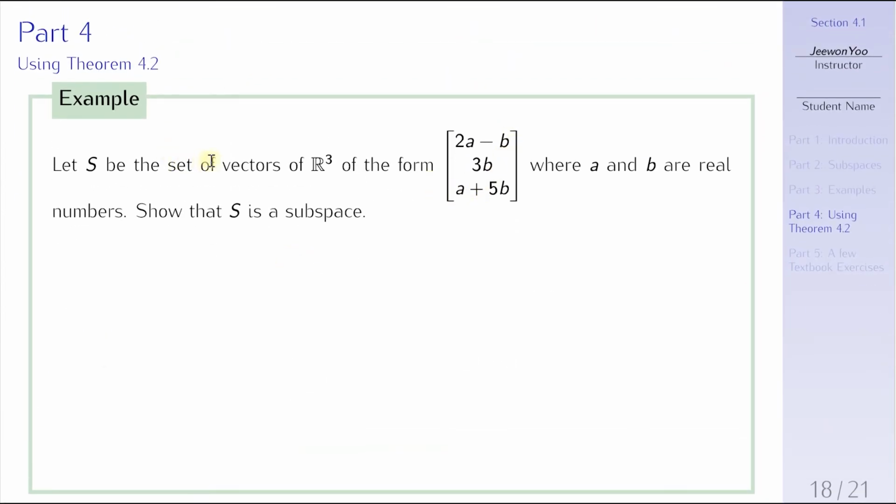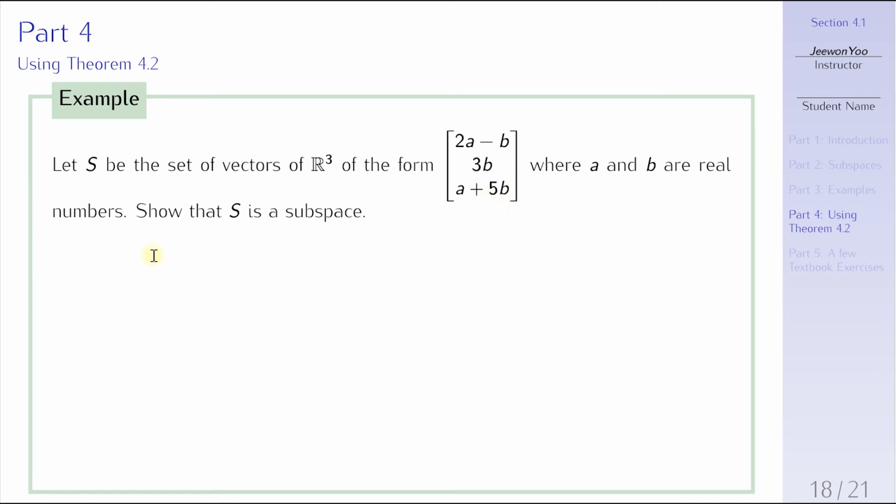So here's the second last example for today. Instead of checking the three conditions as usual, we're going to use theorem 4.2 if possible. Here's the question. Suppose S contains the vectors of the form 2 times some scalar minus another scalar, 3 times the second scalar, the first scalar plus 5 times the second scalar.